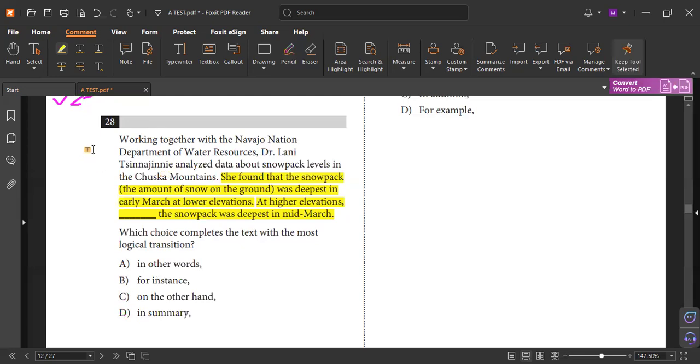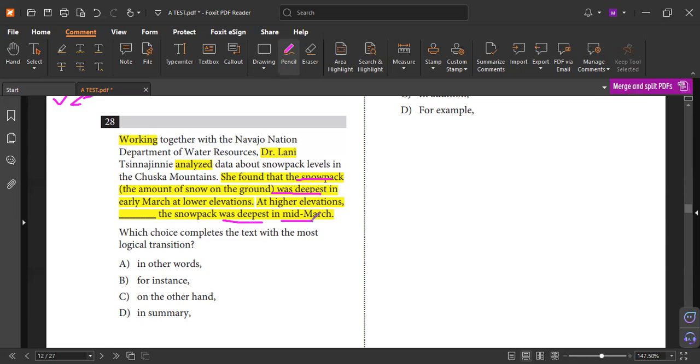But the preface, let me quickly break it down: who was working, look, modifier "who" after the comma, the subject analyzed data about snowpack, the amount of snow on the ground. Snowpack was deepest in early March. Look, I'm summarizing to myself. Subject, verb. In early March at lower elevations. Okay. At higher elevations, the snowpack is deepest in mid-March.